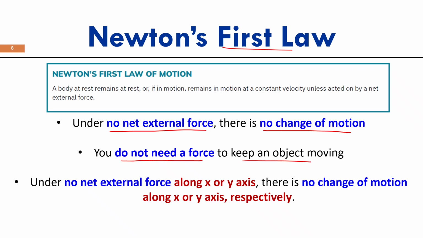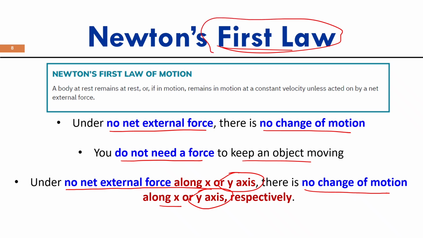And in real applications, sometimes it's very important to pay attention along the x or y direction. For example, if there is no net external force along the x direction, that means there is no change of motion along the x direction. Similarly, if there is no net external force along the y direction, then there is no change of motion along the y direction. Hopefully today's discussion about Newton's first law helps you to understand this law better.